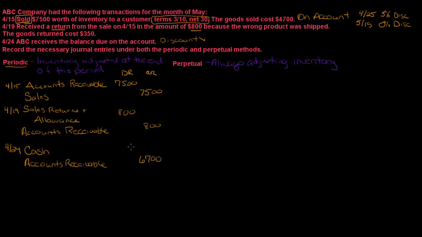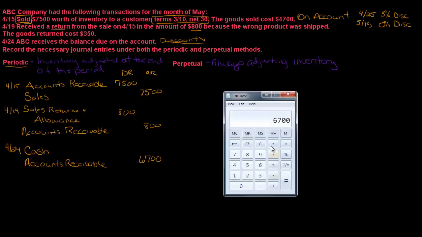Okay, now how much cash are we going to receive? Well, remember we said they're getting that discount, so we're not going to receive all of the money. We're going to receive 6,700 minus 3%, or 97% of the money. So I'm going to multiply this by 0.97.